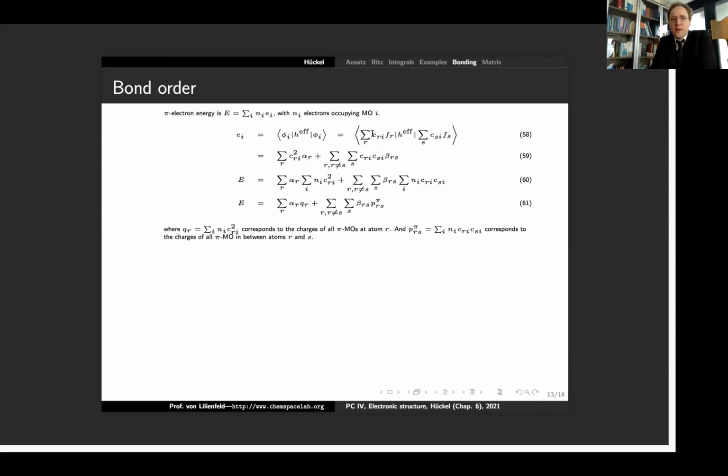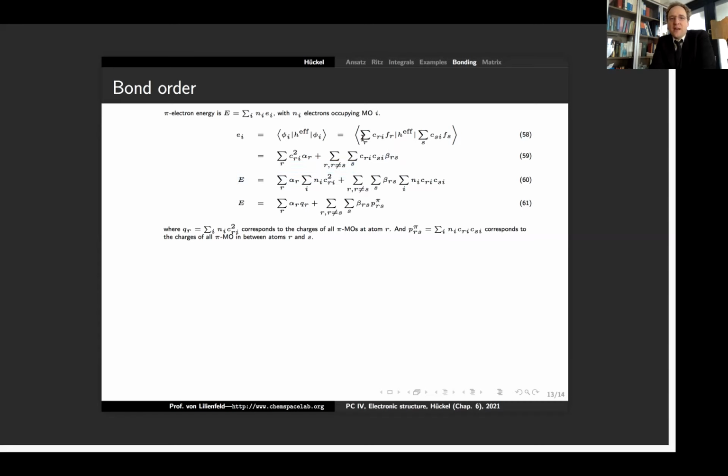We presume we know these coefficients. You solved the secular equation, you got the eigenvalue, you inserted it in your system, now you know these coefficients. Now what you see is that, due to this double summation, you can write this as your sum over your alphas, plus the sum over the betas.